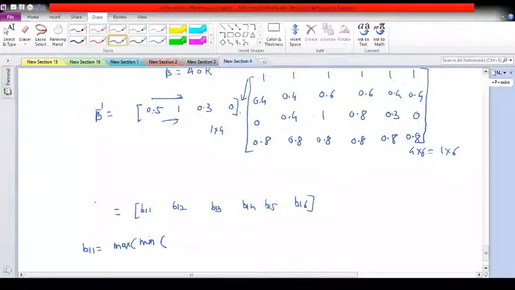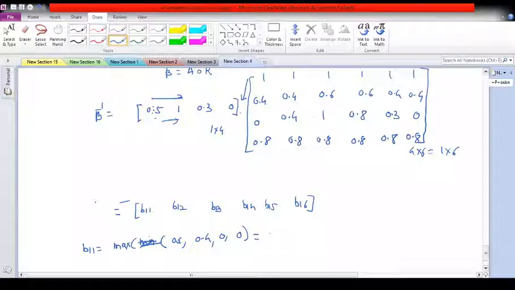So what is the minimum? 0.5 and 1, it is 0.5. 0.5 and 0.4, minimum is 0.4. 1 with 1, minimum is 1. 0.5 with 1, minimum is 0.5. 1 with 0.4, minimum is 0.4. 0.3 with 0, minimum is 0, and 0 with 0.8, minimum is 0 again.